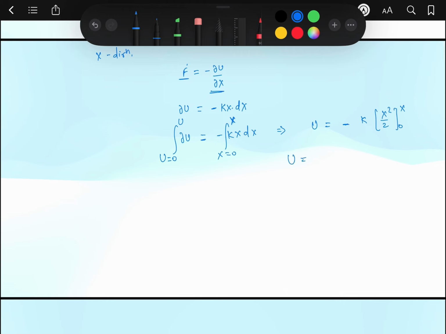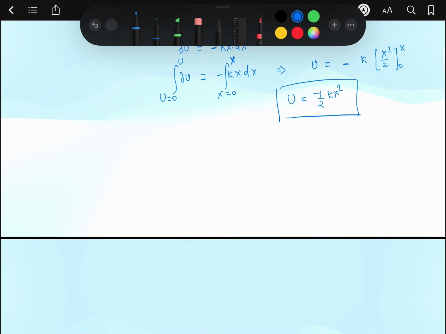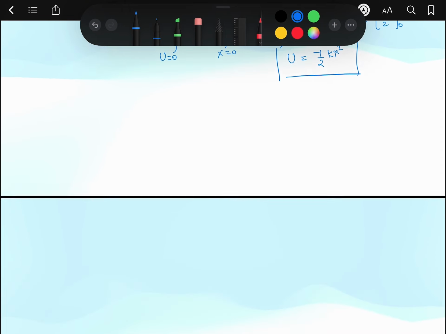So U will be negative half of kx square. So this is the expression for the potential energy associated with this force. This force is F = kx, and the potential associated with it is U = minus half kx square.